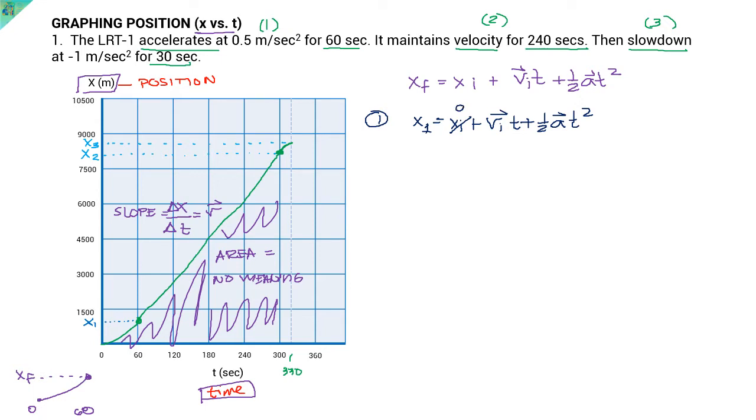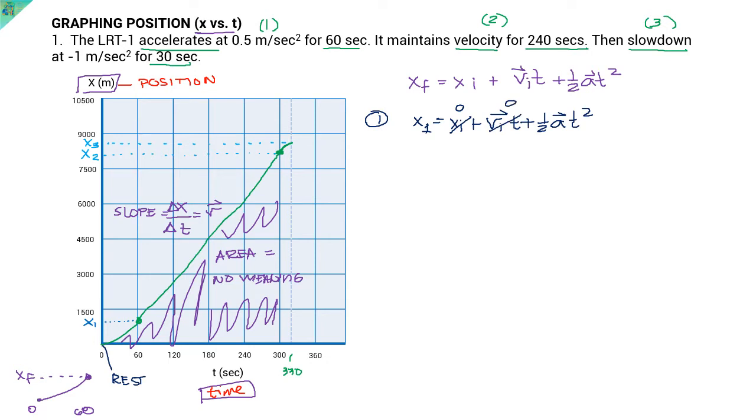Our initial velocity for x1, since it started from rest, okay, it started from rest. So nakastop muna siya before it accelerates at a rate of 0.5 meters per second squared for about 60 seconds, which means that our initial velocity should also be 0.